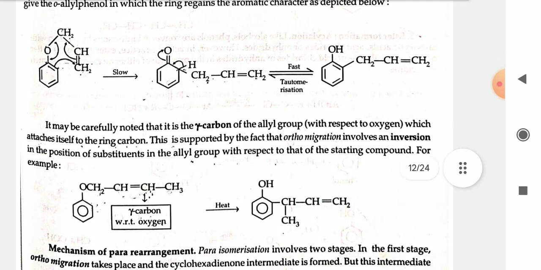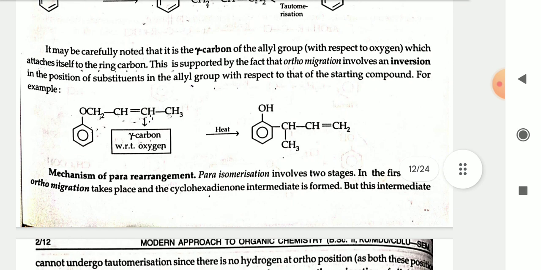It may be noted that it is the gamma carbon of the allyl group with respect to oxygen which attaches itself to the ring carbon. This is supported by the fact that ortho migration involves an inversion in the position of the substituent in the allyl group with respect to that of the starting compound.